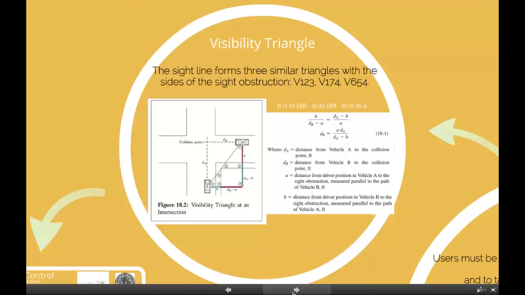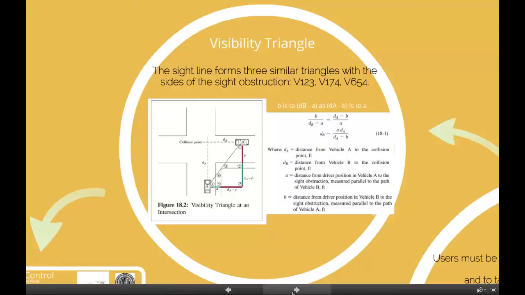At the point where the drivers of both vehicles first see each other, Vehicle A is located at a distance dA from the collision point, and Vehicle B is located at a distance dB. The sight triangle must be sufficiently large to ensure that vehicles on conflicting paths have sufficient time and distance to avoid collision. The triangle is dynamic in that the position of one vehicle affects the position of the other when visibility is achieved.